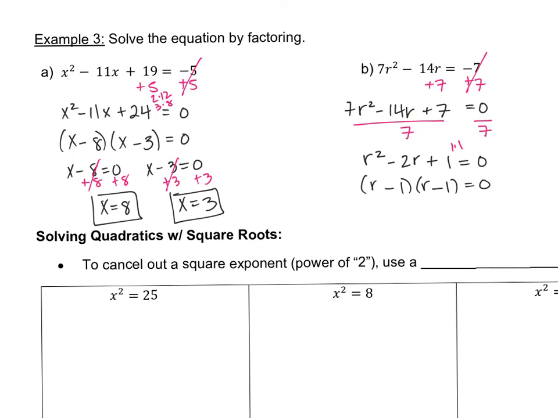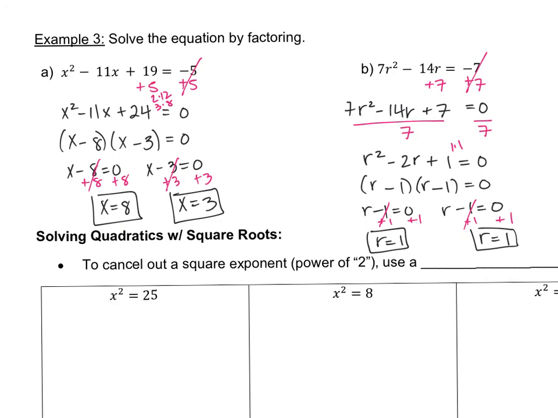So if I set them both equal to 0, notice how the factors are the same. If I add 1 to both sides for each of these, I'll get r equals 1 both times. So I still get 2 solutions, right? I still get 2 r's that come out, but they just happen to be the same solution.